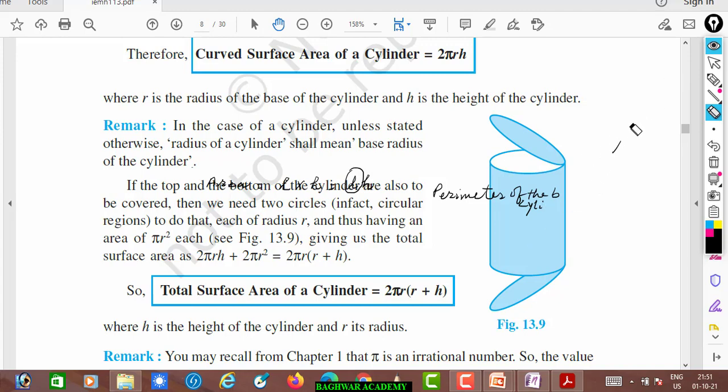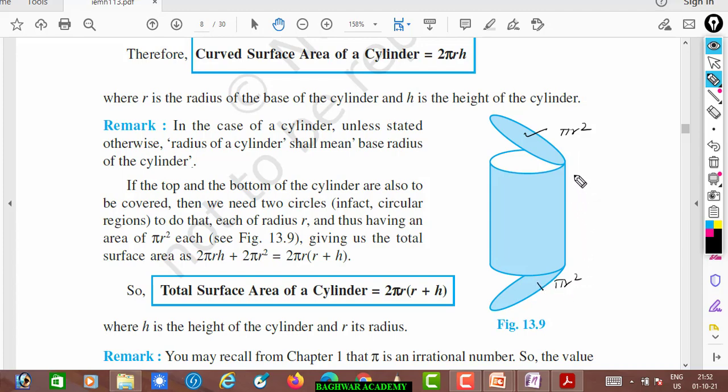The lateral surface you already have, which is 2 pi r h, and now you need to add two more areas to this. This area is a circle. The area of a circle is pi r square, and this area is also again pi r square.